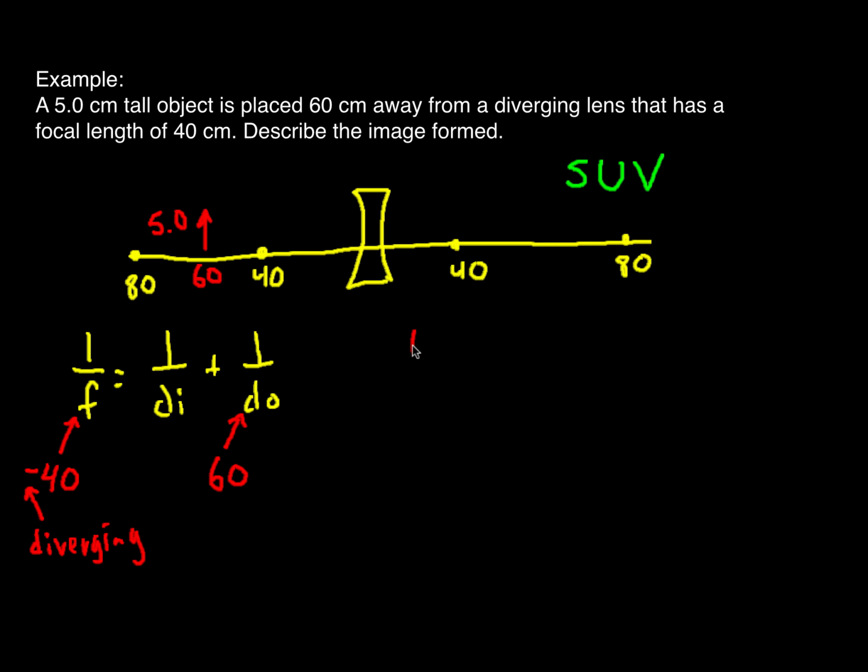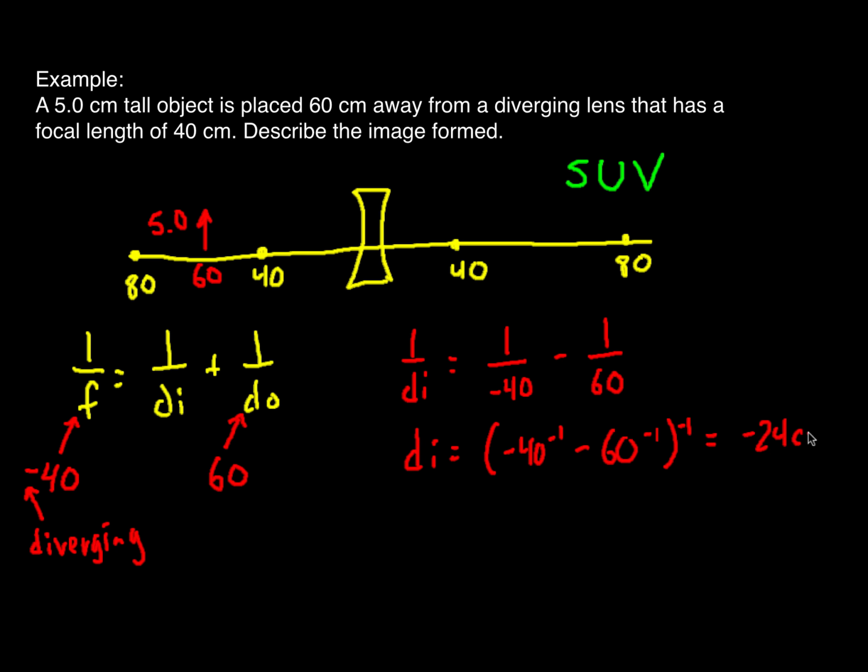This gives us 1/DI equals 1/(-40) minus 1/60. This is DI equals (-40^-1 minus 60^-1) all inverted. So we have a distance for the image equal to negative 24 centimeters. The negative tells us that this image must be virtual.